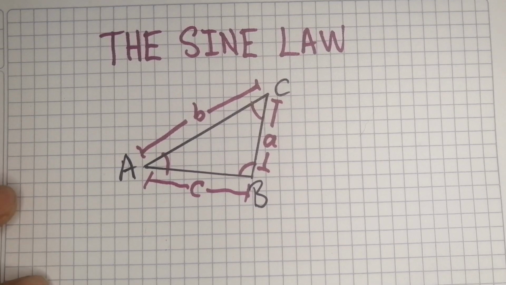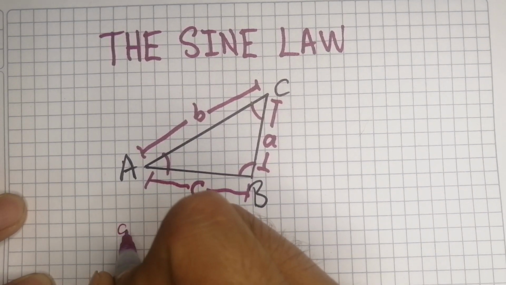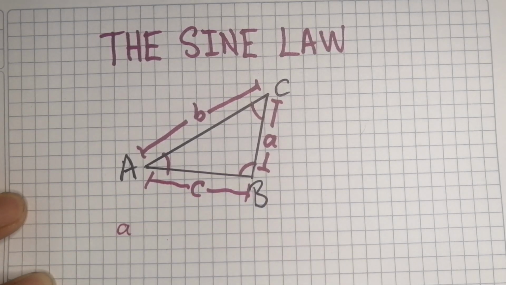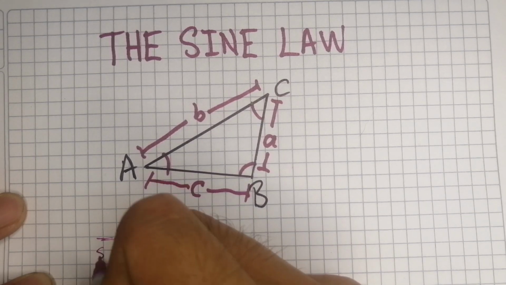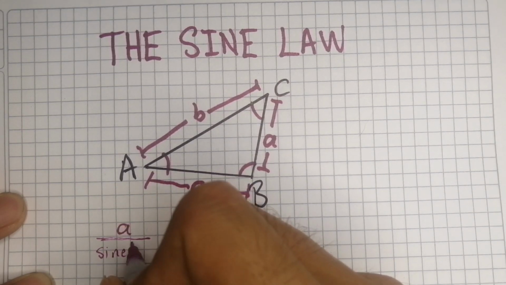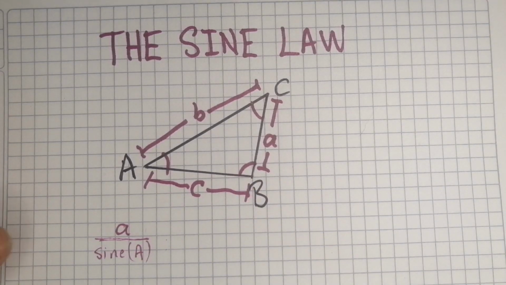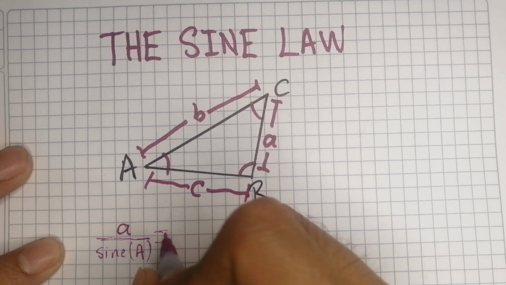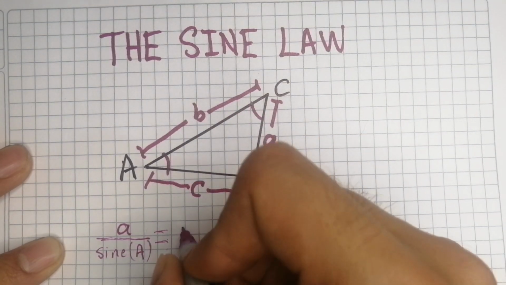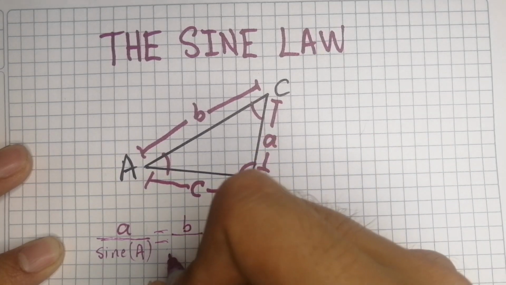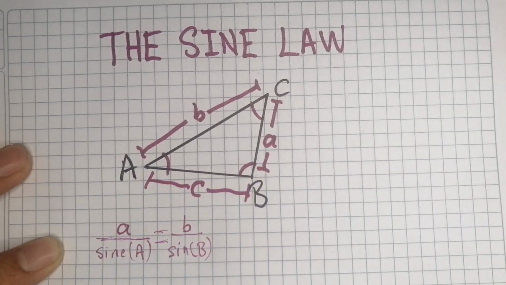The sine law states that if we take the length of the side lowercase a and divide it by the sine of the angle capital A, that is going to return exactly the same value as the side lowercase b divided by the sine of B, the sine of this angle that we have here.